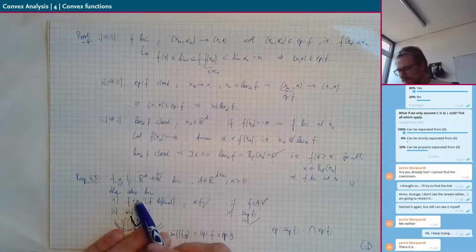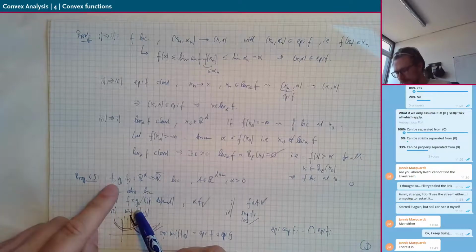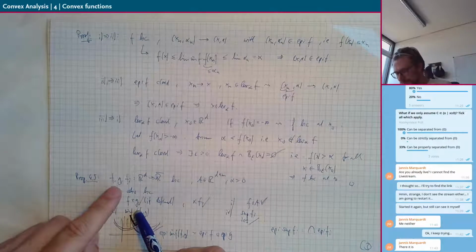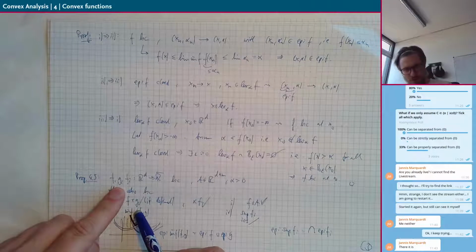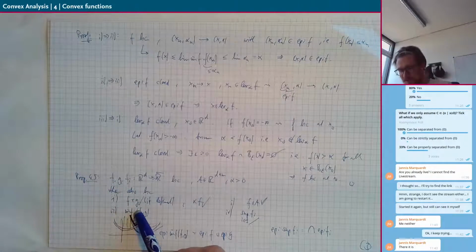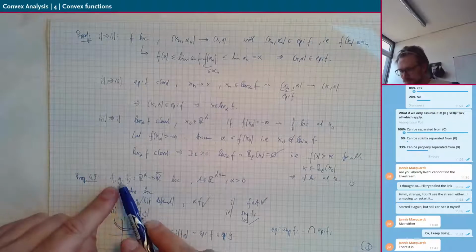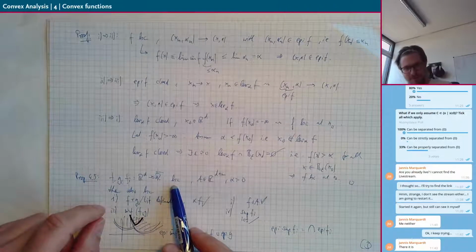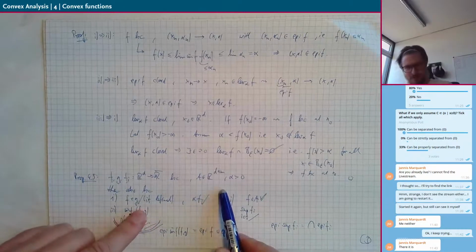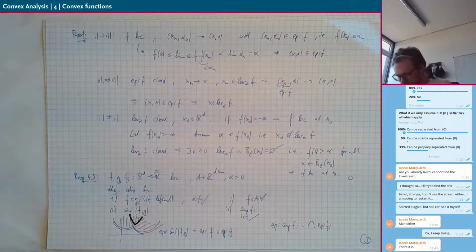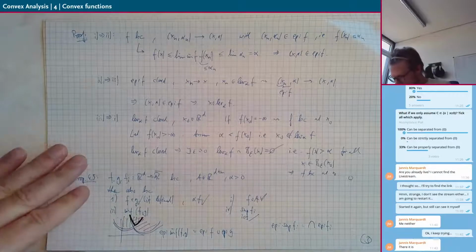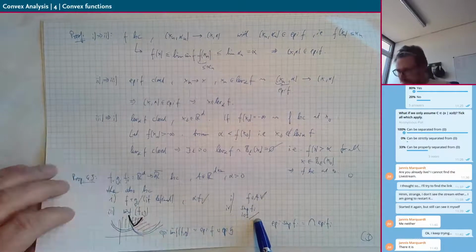So if we say from the beginning that the function value should always be larger than minus infinity, so minus infinity is never allowed, so for proper functions, the set of proper lower semi-continuous functions actually forms a cone. Okay, that's nice.